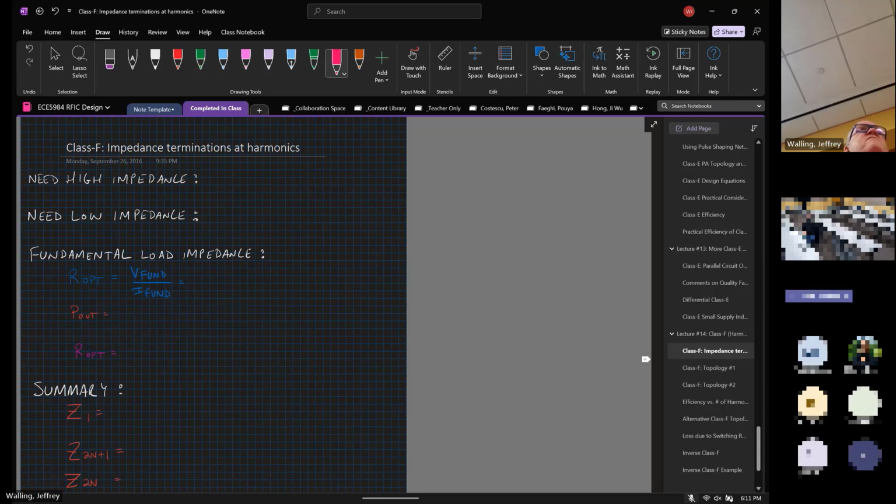If I want to realize a high voltage, do I want a short circuit or an open circuit? Open circuit, right? So I'm just going to say a high impedance at all odd harmonics, and this will yield a square-like voltage waveform.